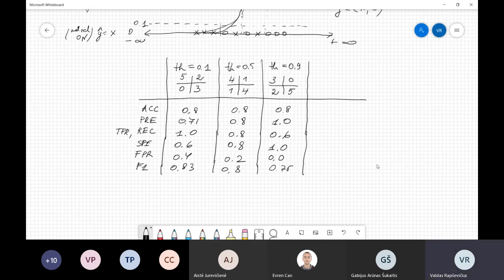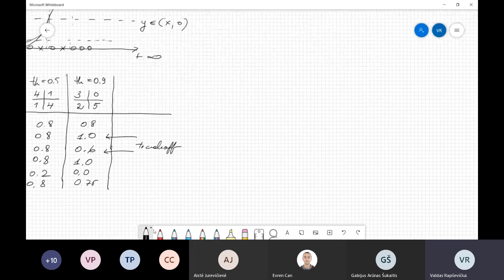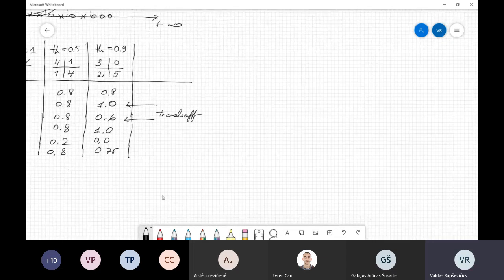So now what we see here, if you look into this, we have changed the threshold, and there is a trade-off between precision and recall. When one is increasing, the other one is decreasing, and vice versa. What we can do is usually draw a graph like this, for instance 1 and 0, and here the threshold from 0 to 1, and this is the default 0.5.